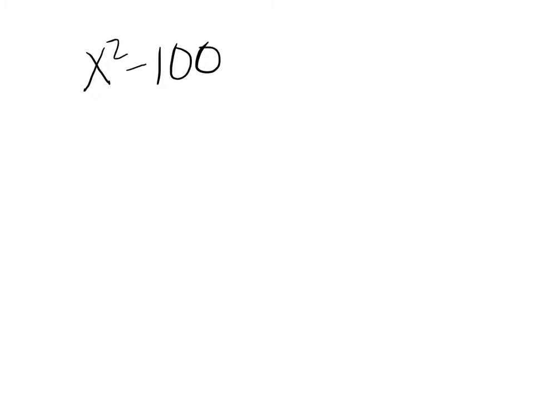Another special case that we've already seen is one where we have only two terms, x squared minus 100. This isn't a GCF problem. This is actually a problem that's a trinomial. This is the same as saying x squared plus 0x minus 100. When we drew an area model, we saw that this problem works out. We're just looking for things that add to be 0.